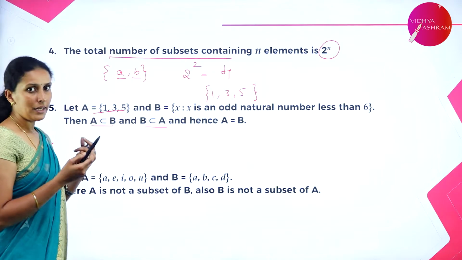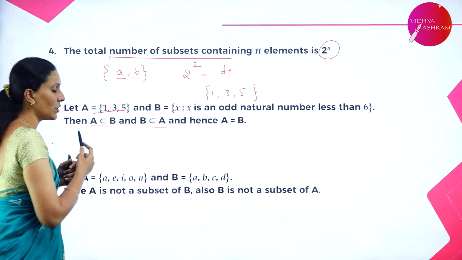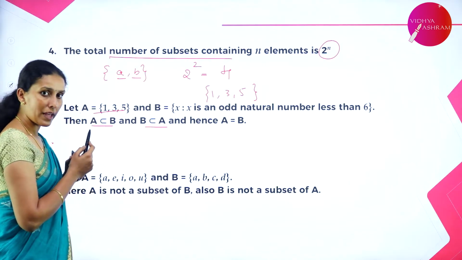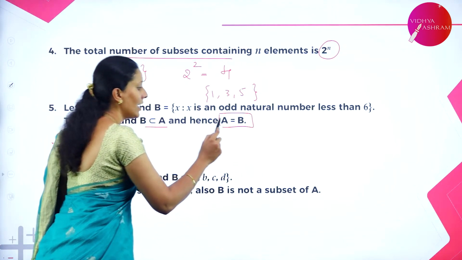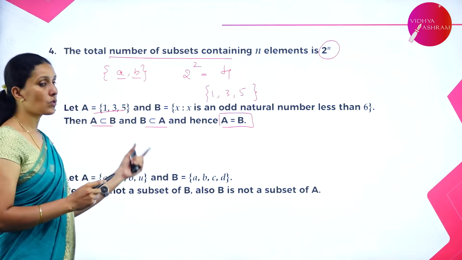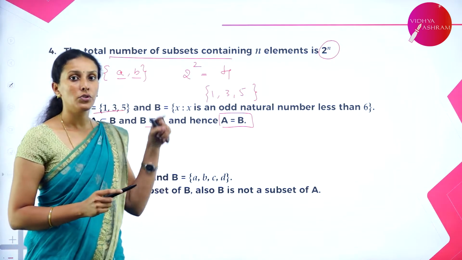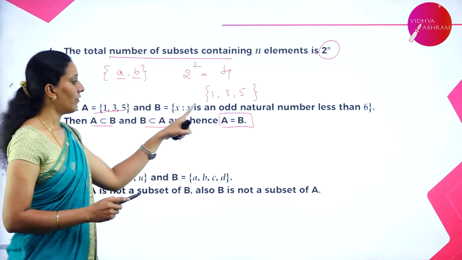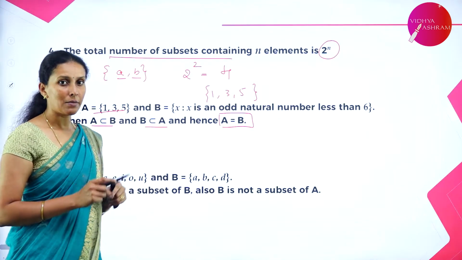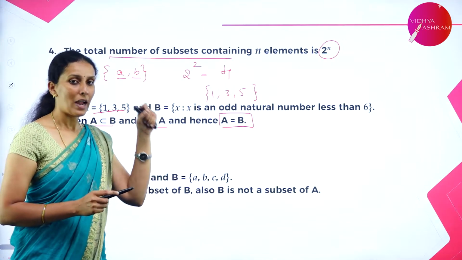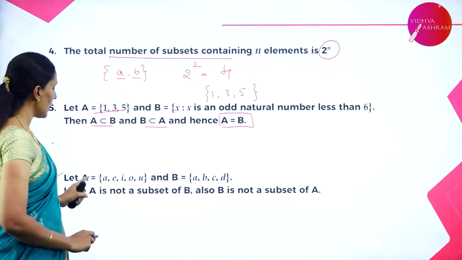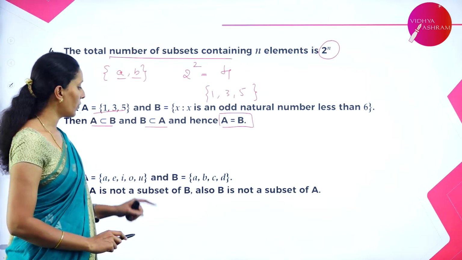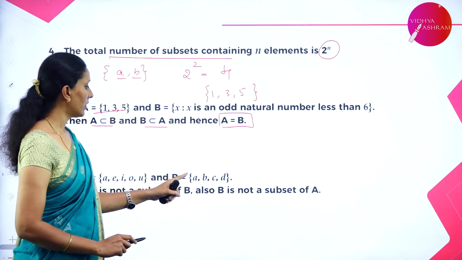So from both sides it satisfies, that is A is a subset of B and B is a subset of A. Whenever these two conditions are satisfied, we can clearly write A is equal to B. Thus, this is one more definition you can use for equal sets. If A is equal to B, that means A is a subset of B and B is a subset of A.